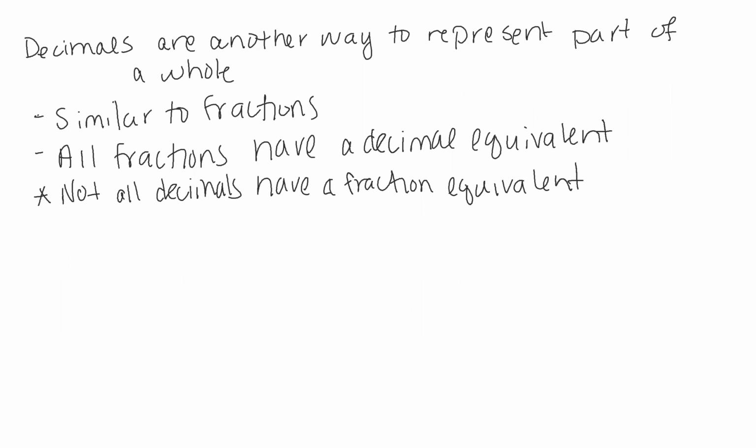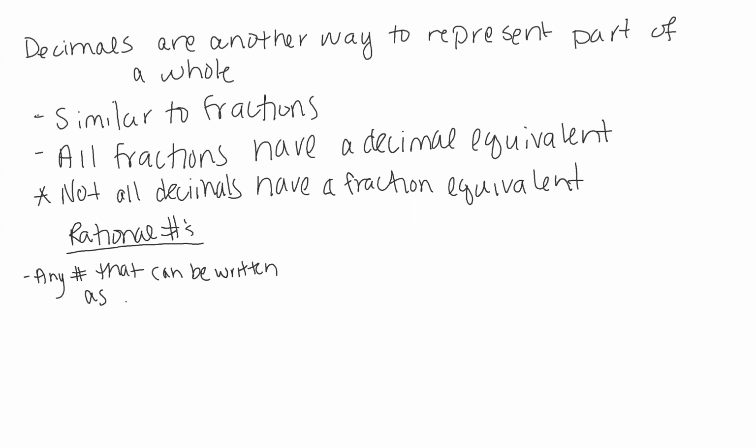And then you get what's called the rational numbers, okay? And so rational numbers technically are any number that can be written in fraction form. So any number that can be written as a fraction. And as far as the decimals are concerned, this would be decimals that terminate.